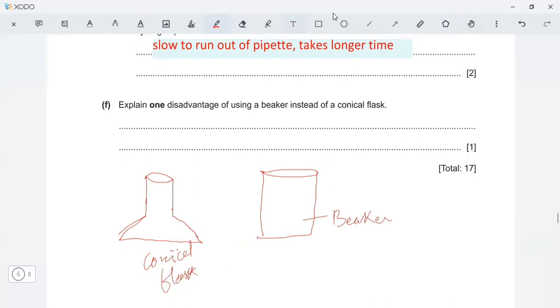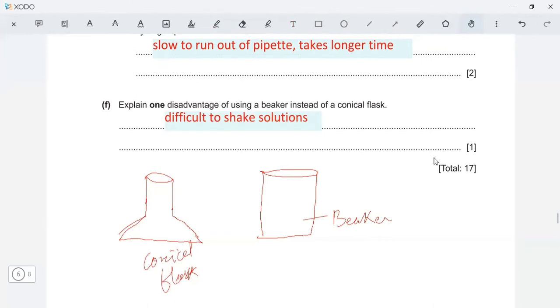So the answer you can write is: difficult to shake the solution in the case of a beaker. Difficult to shake the solutions.